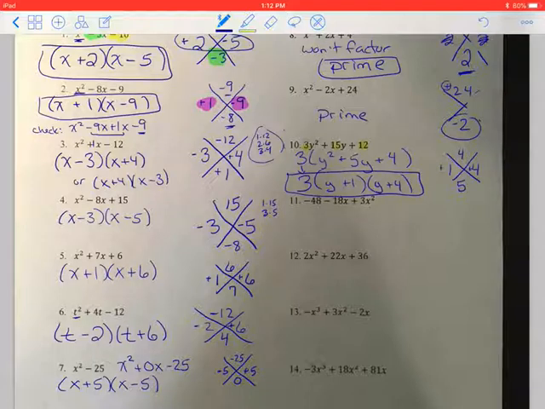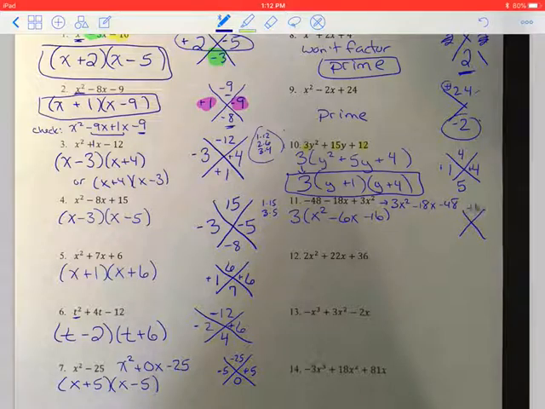All right, so number 11, I'm going to put this back in descending order. That would be 3x squared minus 18x minus 48. I'm seeing that all of my numbers are divisible by 3. So that would be 3 times x squared minus 6x minus 16. So I've got to divide every term by 3.